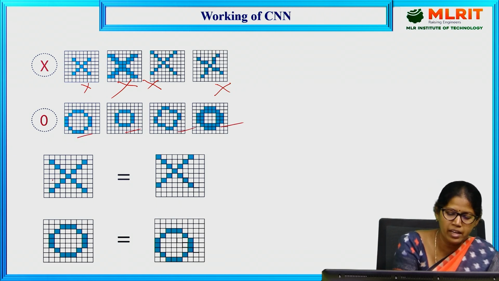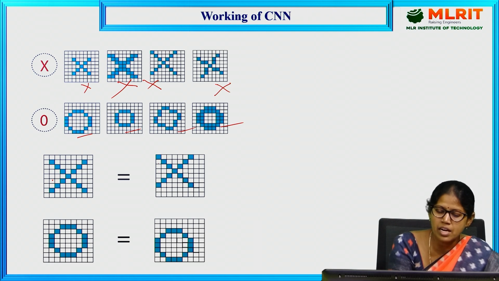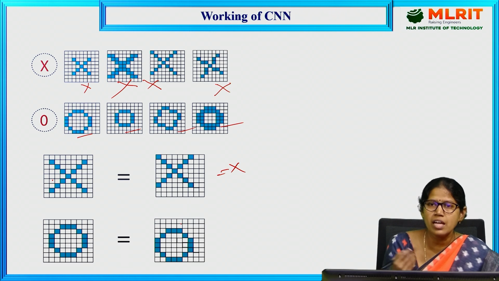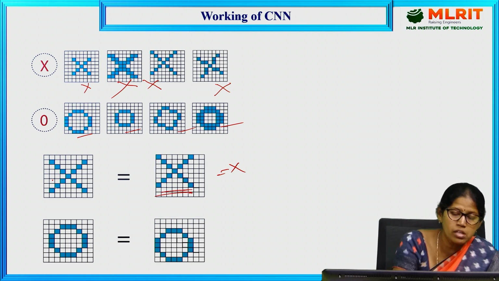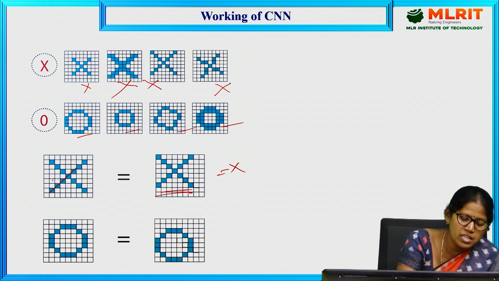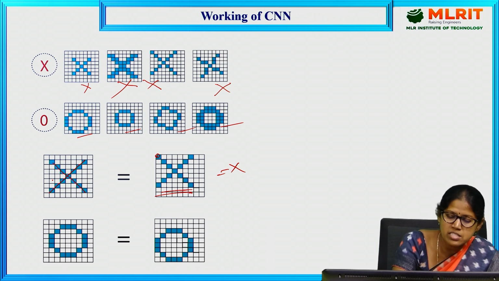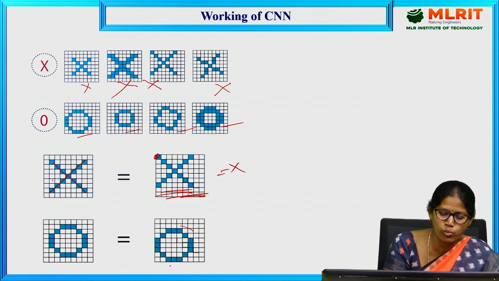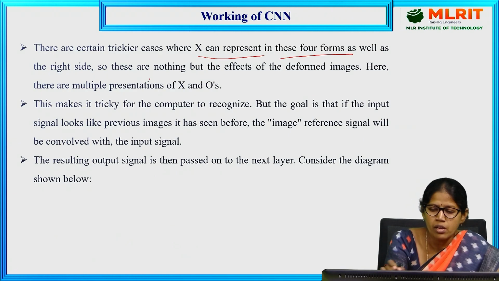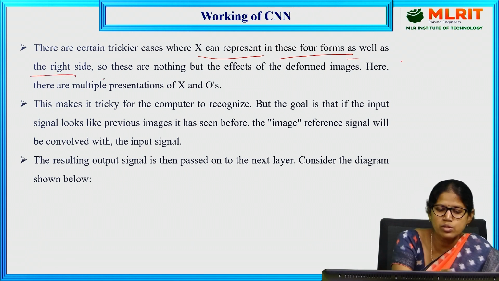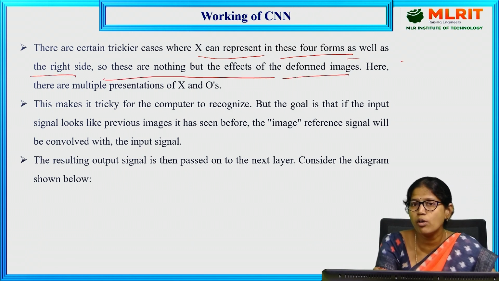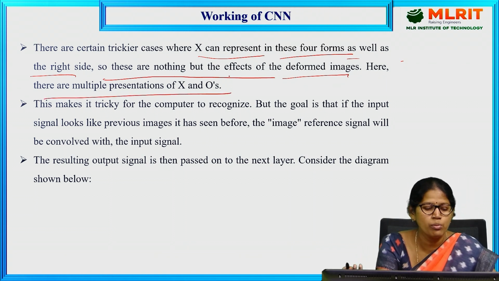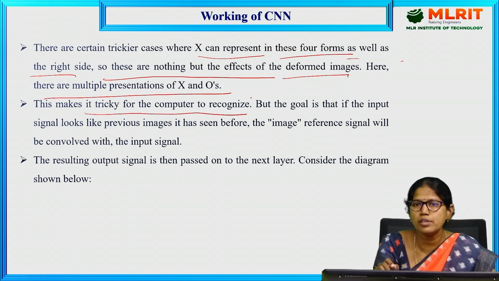Whether it is a smaller X or one starting from the corner, it has to be identified as X. But the computer is unable to identify this, because whatever we trained was the pixels of this line, but here it starts from here, so it fails to recognize this X or this O. So here are four forms, as well as the right side. These are nothing but the effects of deformed images and some noise. There are multiple representations of X and O, which makes it tricky for the computer to recognize.